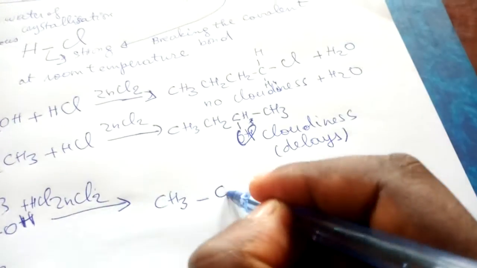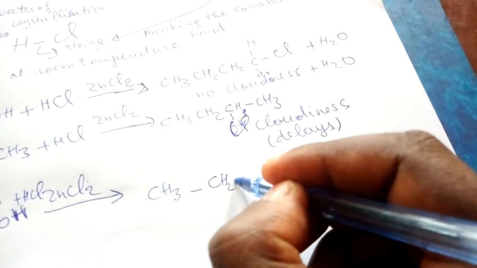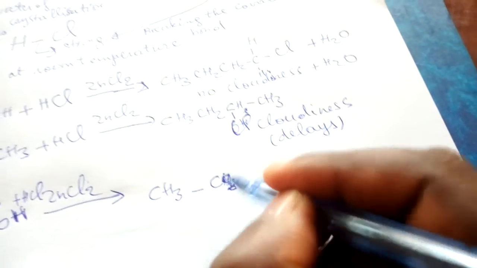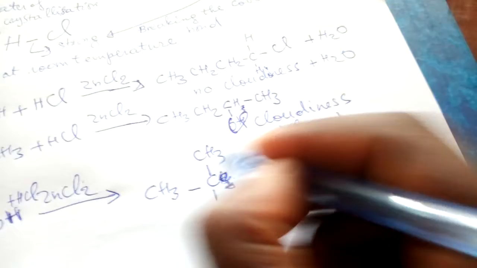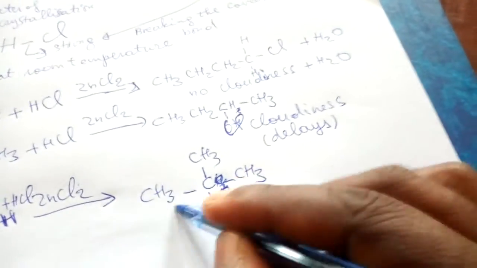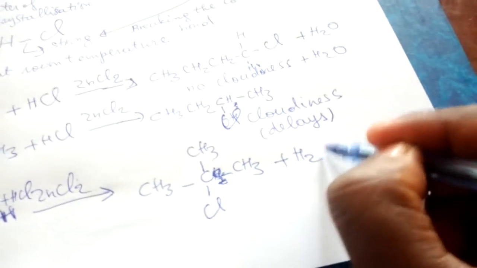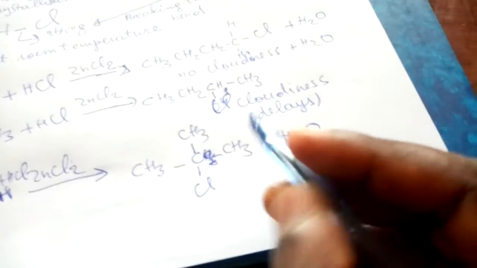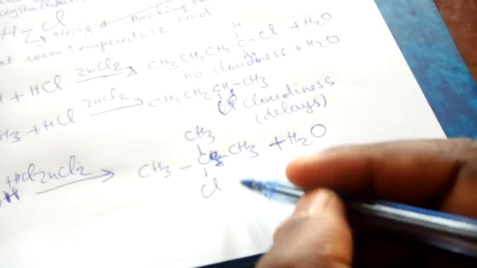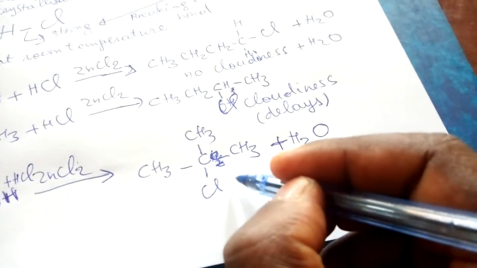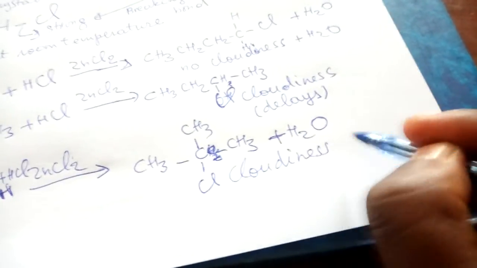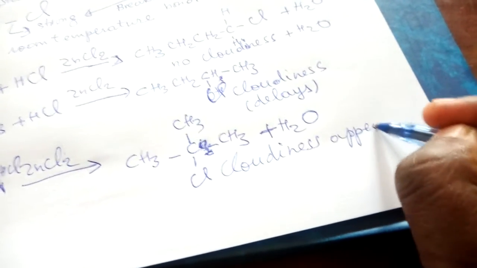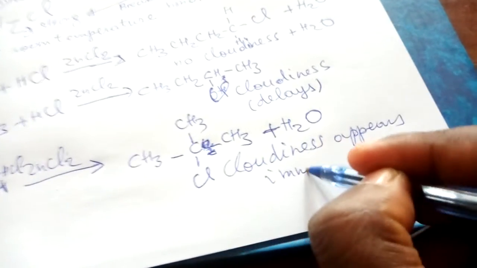Here we have the alkyl halide, with CH3, and you find that the way of forming the alkyl halide is easy. It means that the cloudiness appears immediately.